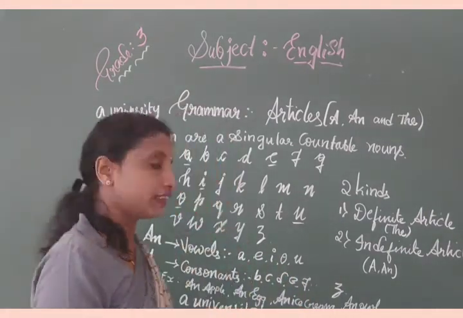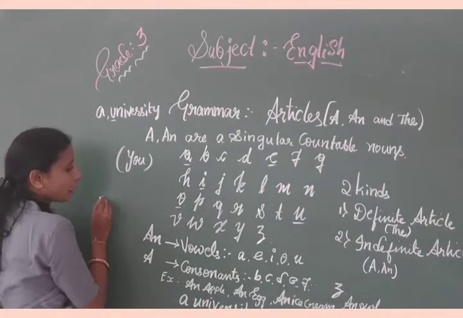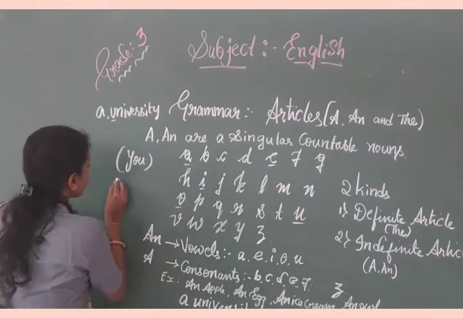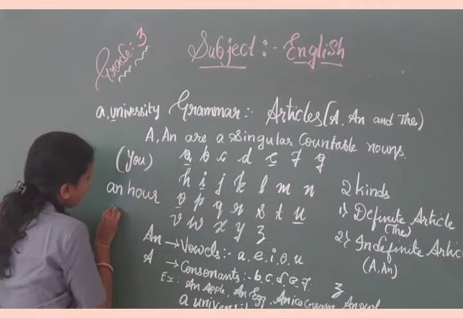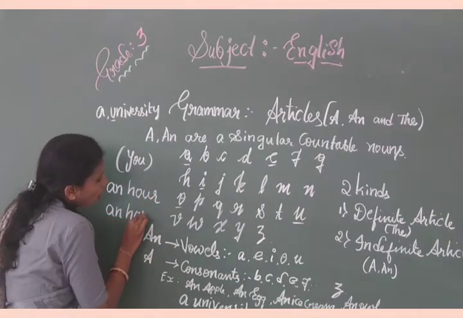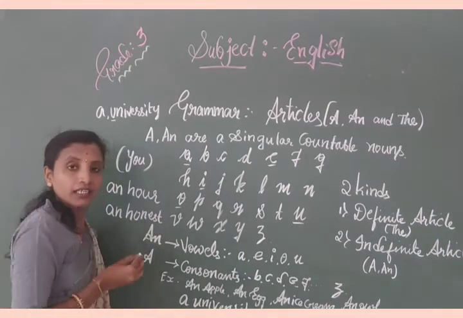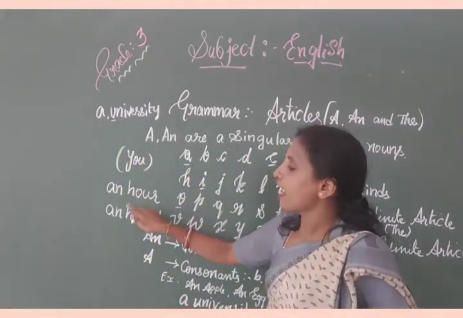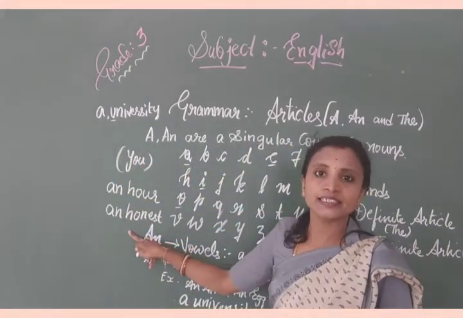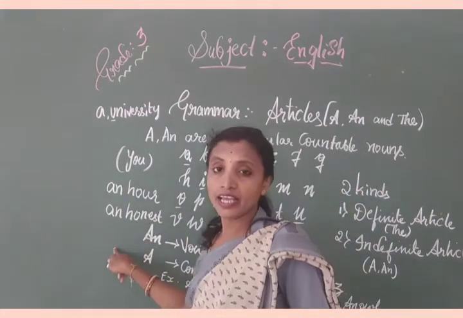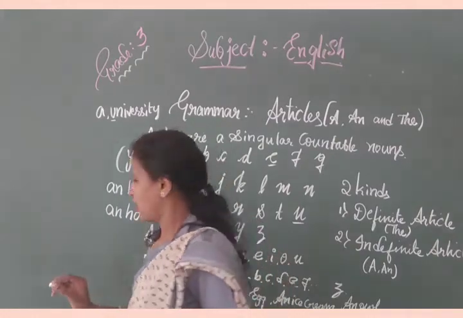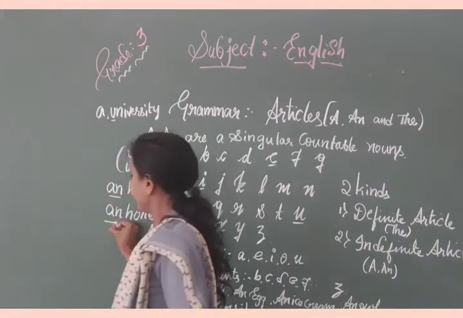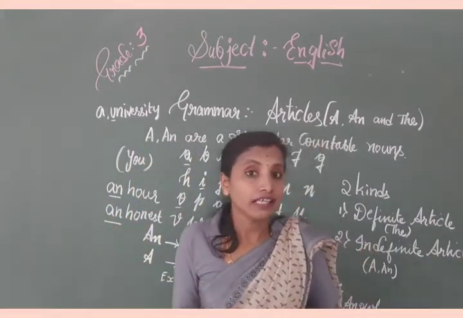Is it? Same. I will show one more example. Look. An hour and an honest. Is it? H is a consonant. Is it? For that I should write a, but I am writing an. Why am I writing an?